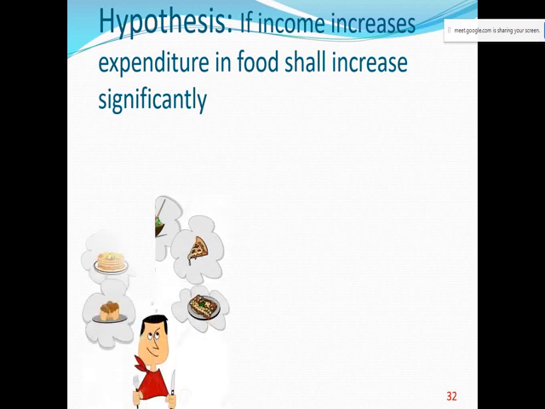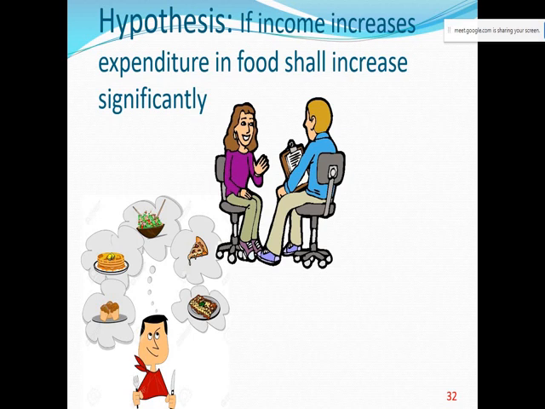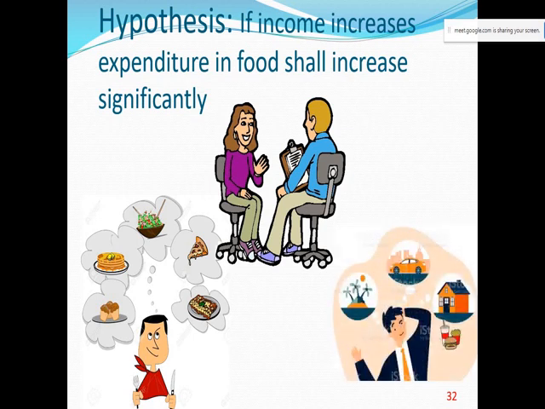Now, if you look at this, this is a person whose food expenditure is there. This is what I actually thought. My hypothesis is telling that as income increases, the expenditure on food shall also increase significantly.